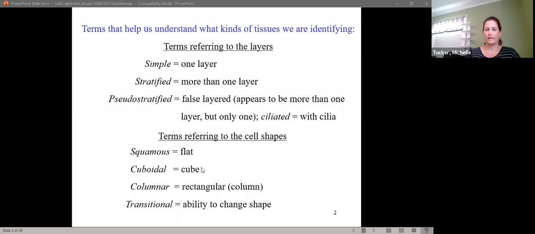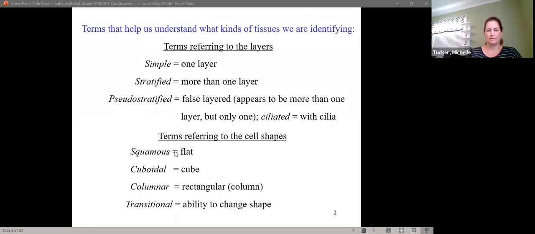And this is one layer of cube-shaped cells. And cuboidal cells are going to be shaped like a cube. And the other thing to look at is what shape is the nucleus. So in cuboidal cells, the nucleus stays nice and round, and it stays centrally placed in that cell.